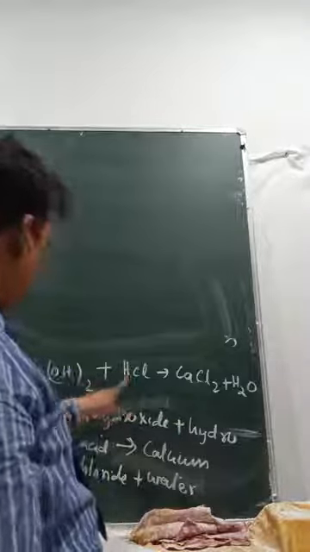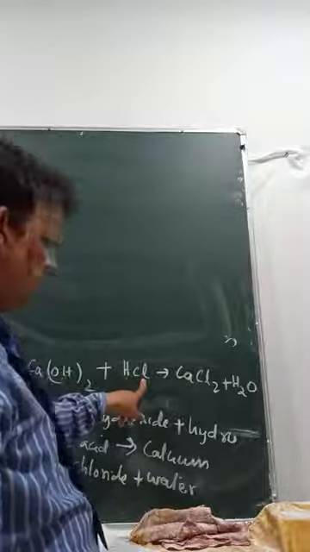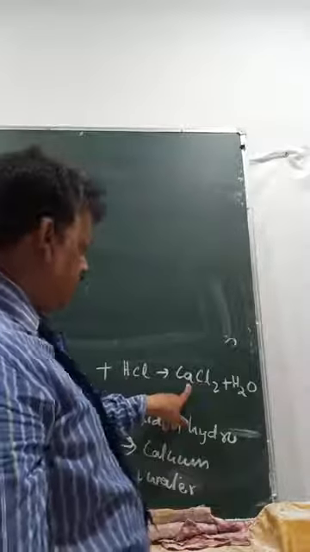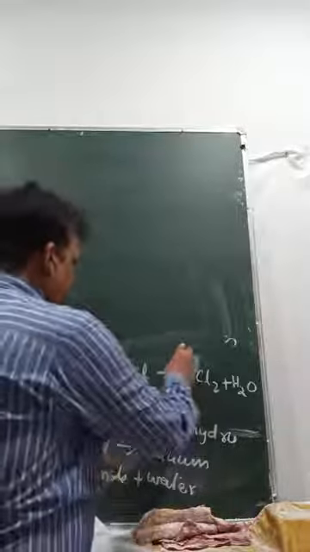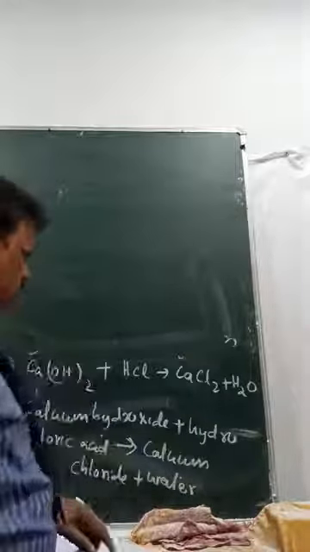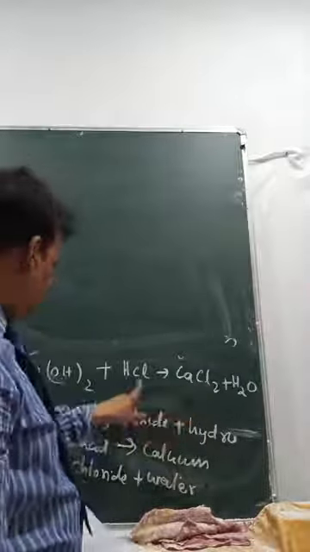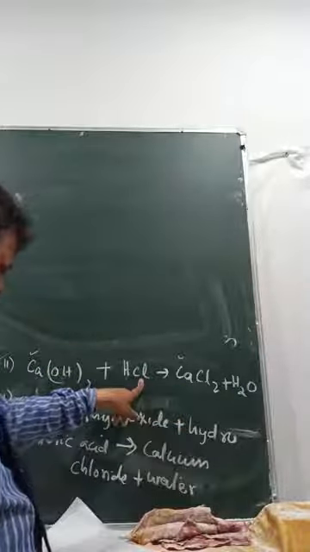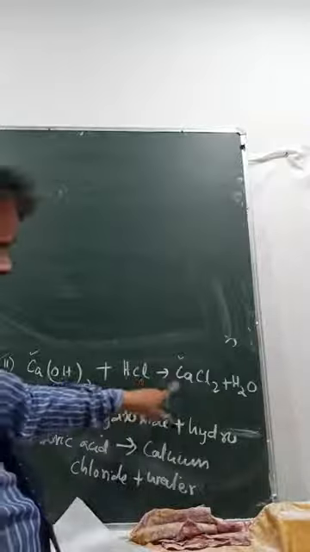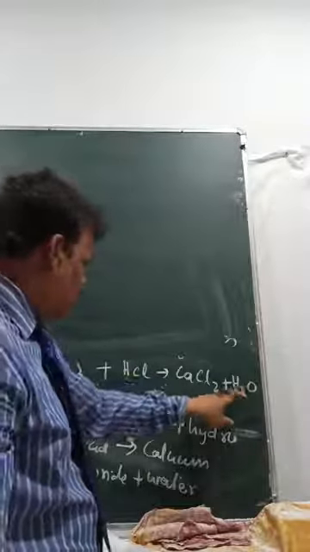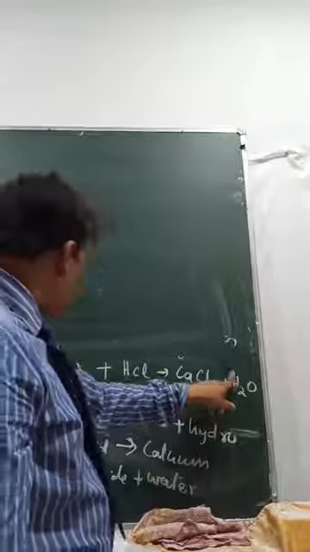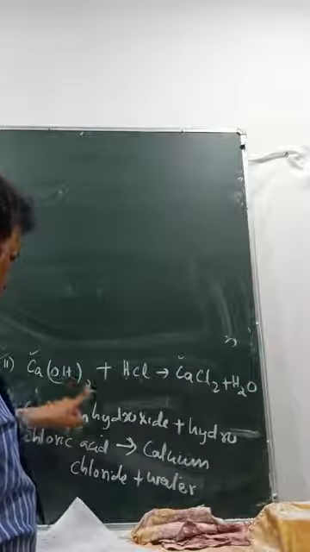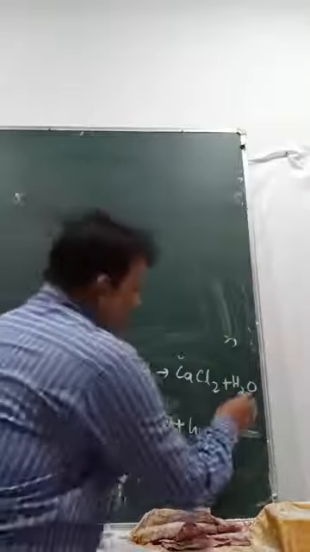That means a total of 3 hydrogen, 1 chlorine, 1 calcium, 2 oxygen. Look at this side: 1 calcium. Calcium is balanced, but chlorine is not balanced. You have 2 chlorine here, 1 chlorine there. H2O means 2 hydrogen, 1 oxygen, while here there are 2 oxygen. So let's start from here.